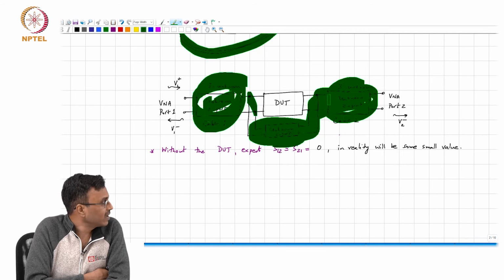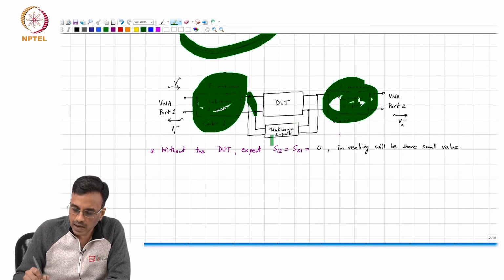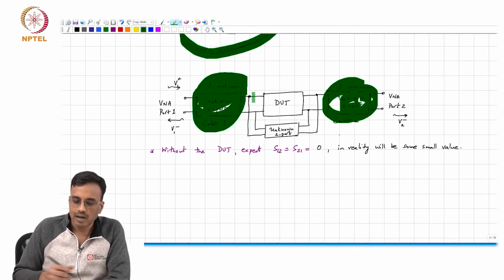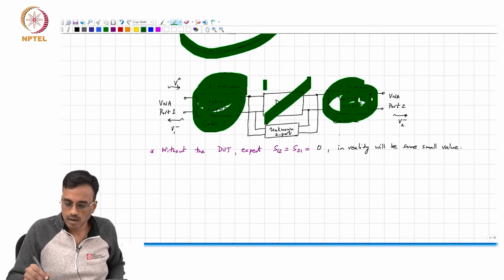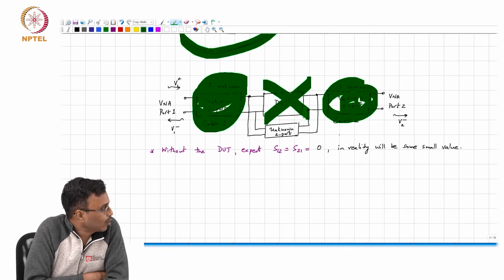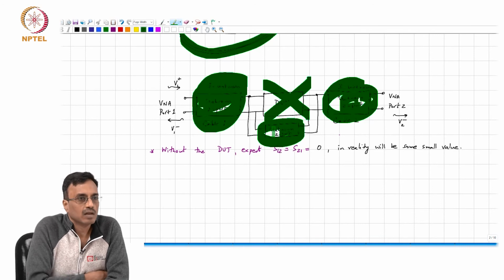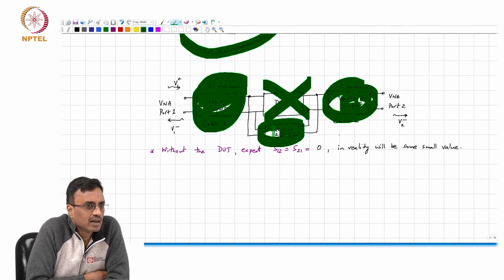So as soon as I calibrate these two ports, I will remove the DUT, it is still not there, and then I will measure the S matrix of the ports without the DUT, correct, and that should give me what is happening with the unknown 2-port. Does it make sense, right? Okay.